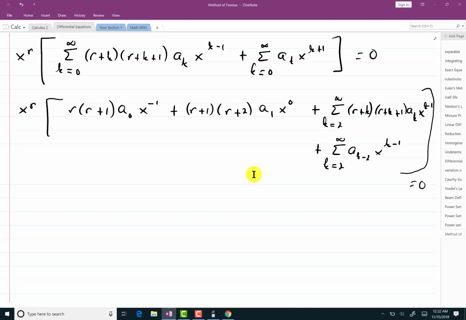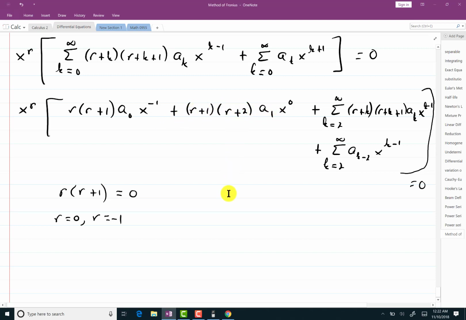Now let's take a look at our indicial equation here. We have r times r plus 1. We could set that equal to 0. And notice that you get r equals 0 and r equals negative 1. Now this is interesting. Check this out. When r equals negative 1, it also zeroes out here.